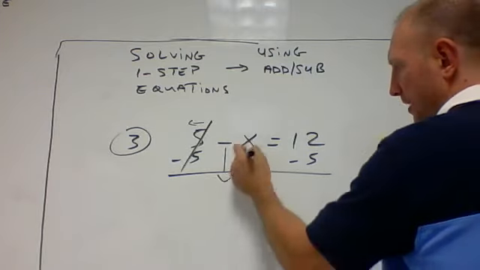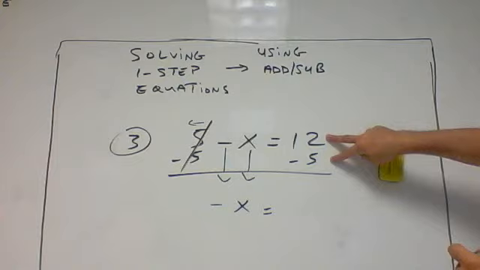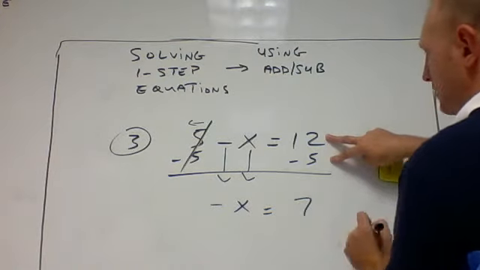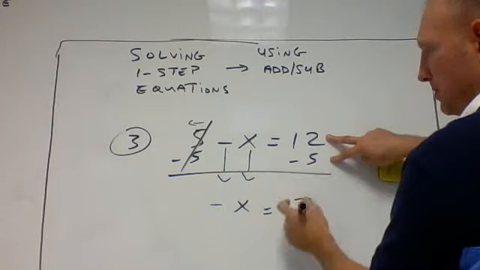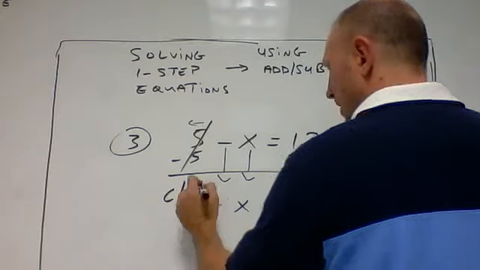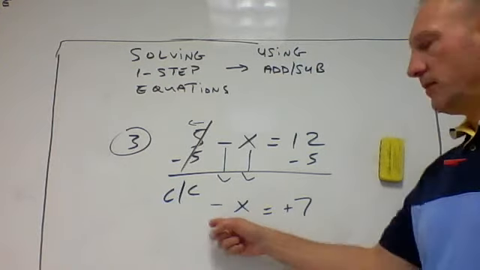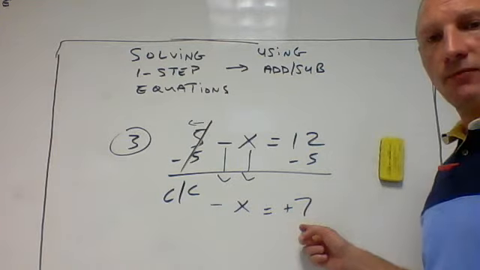Get rid of the 5's. I bring down the negative. I bring down the x. And when the signs are different, we subtract and take the sign of the larger. So I subtracted, took the sign of the larger number, which is positive 7. And I call this the change rule. Whenever I have a negative variable, in order to get rid of the negative, I divide both sides by negative 1.